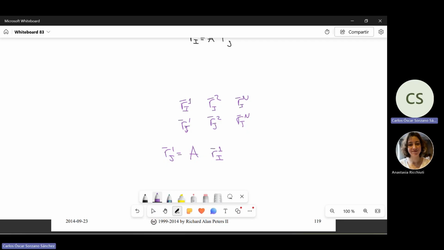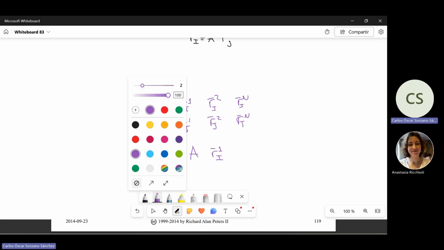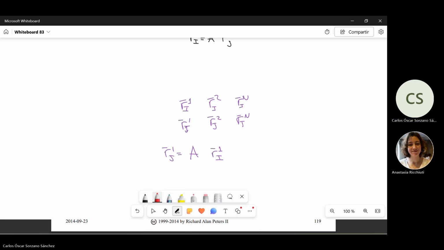So this is a vector equation. How many numbers do I have in this vector? This is 3 times 1, right? I have 3 equations. And A is 3 times 3. So actually my unknowns are these ones. I have to solve for this one.